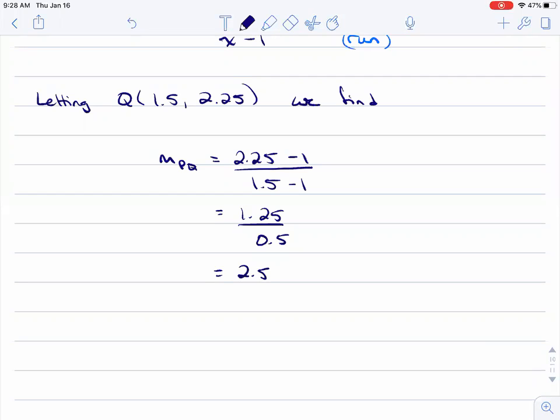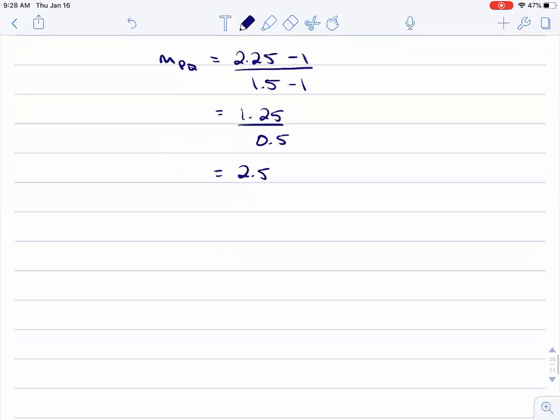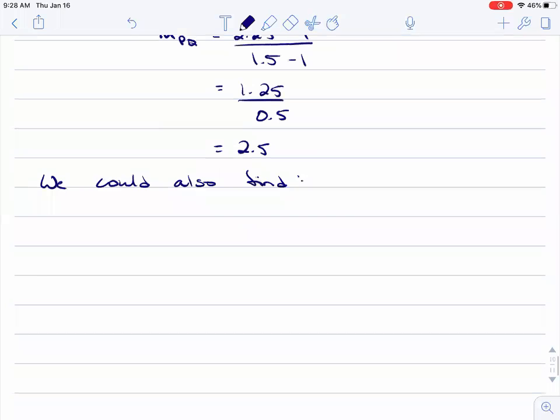Now usually we set up a table of values and move closer and closer to x equals 1 incrementally. I'm just going to give them to you.